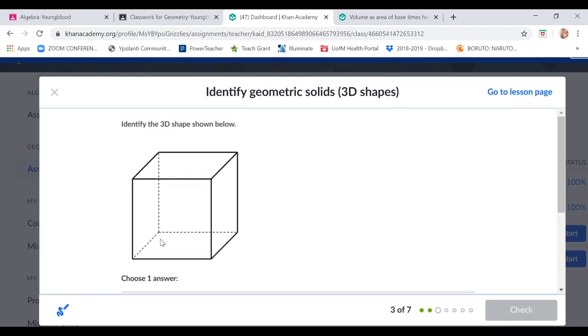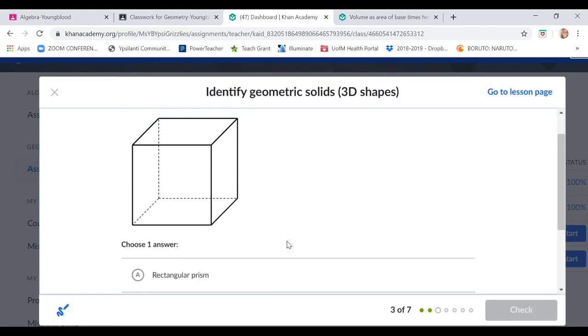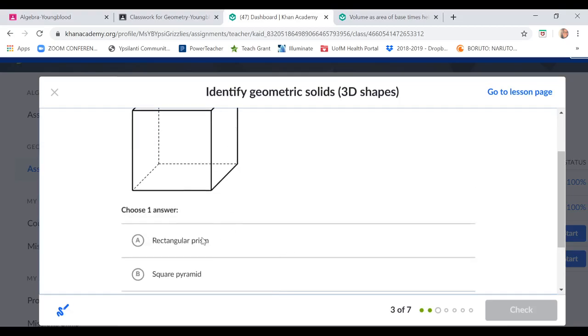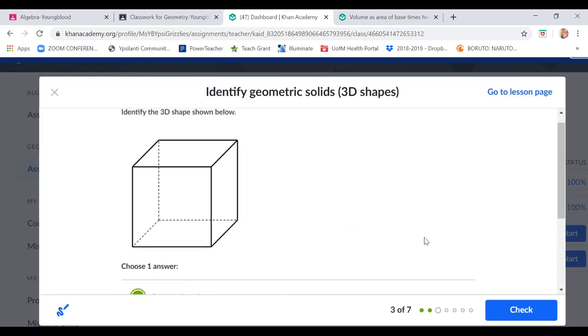They might want us to pick cube as well. So we know if all these lengths are the same, this would be a cube. They don't have that option yet, so this is going to be a rectangular prism. I think the reason they didn't have the option for it to be a cube or a square prism is because they don't specifically tell us that these sides are the same. So we were right when we assumed it was going to be a rectangular prism. 2 bases are rectangles.